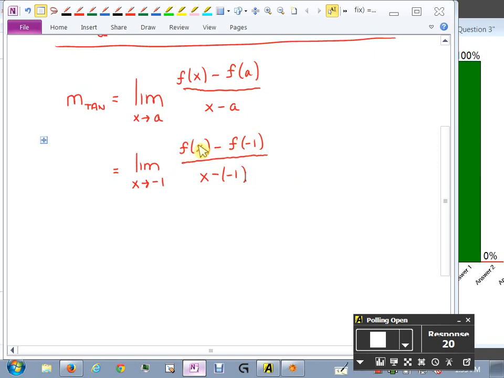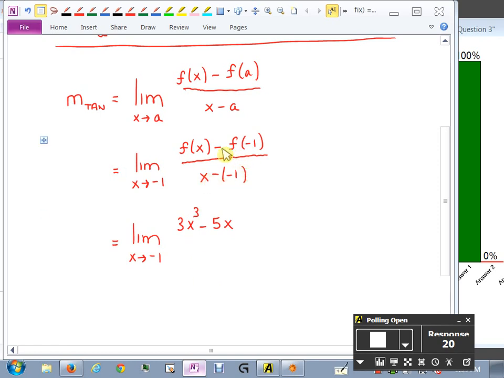What is f of x? 3x cubed minus 5x. So let's just replace the top left corner with 3x cubed minus 5x. Do y'all agree? Okay.